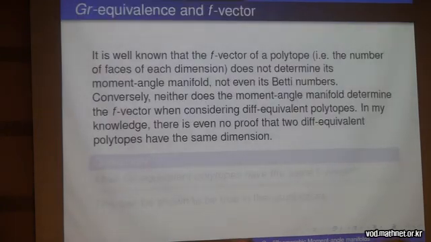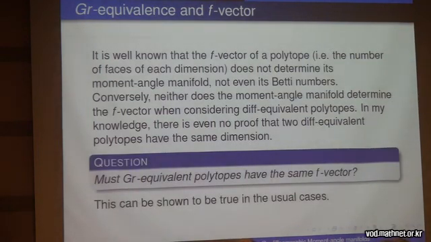The one is about the F vector. Do two graded equivalent polytopes have the same F vector? And this question is, I think, also open in the case of bigraded Betti numbers.